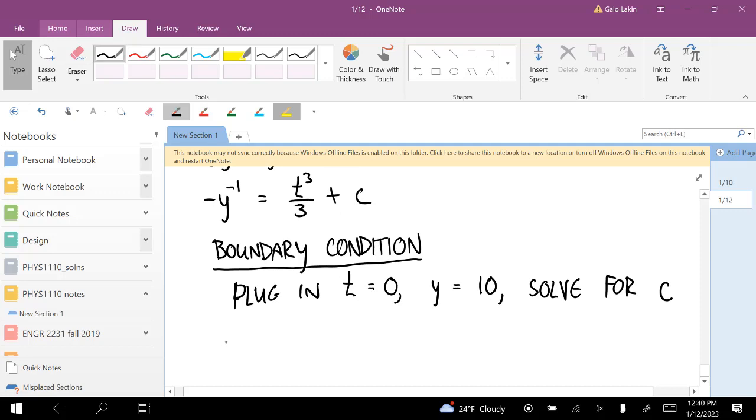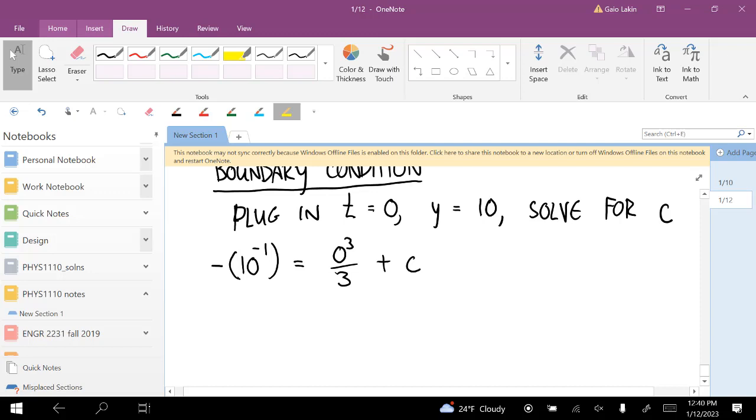So we have negative 10 to the negative 1 is equal to 0 cubed over 3 plus c. Everything's a number except c, so we can just solve for c now. So c is equal to negative 0.1.